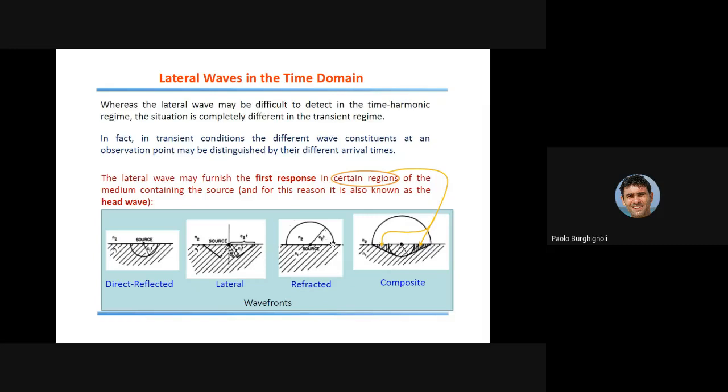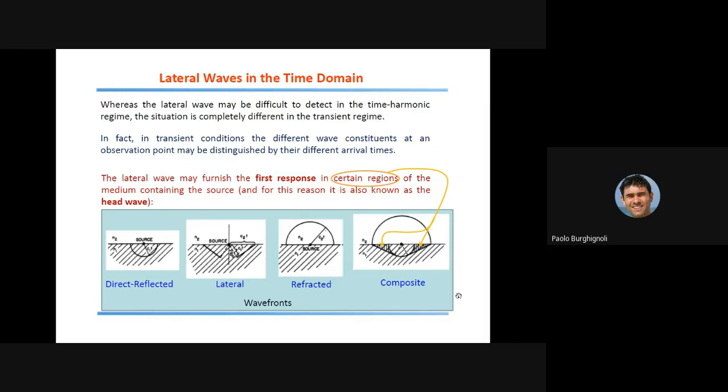Then in the upper medium, we have a spherical wavefront that propagates with velocity c2, which is larger than c1, because the medium in the upper half space is less dense optically. When you put everything together, you have a composite wavefront, and there are regions, those indicated with yellow arrows, in which the lateral wave is the wave that arrives first to the observer.